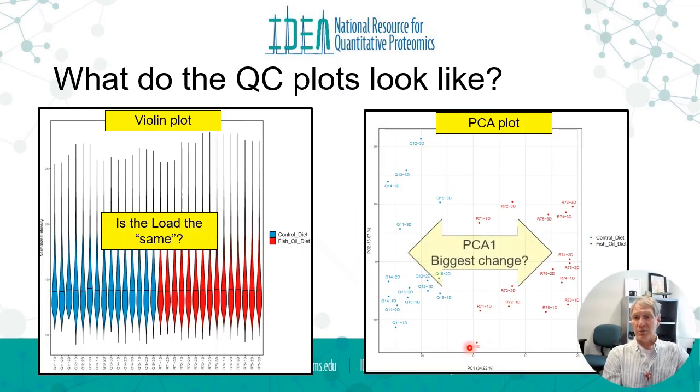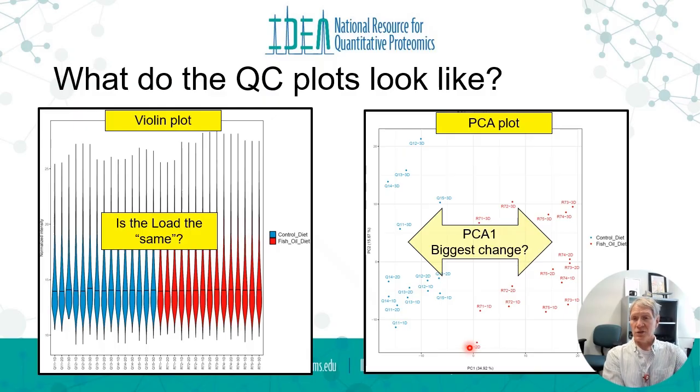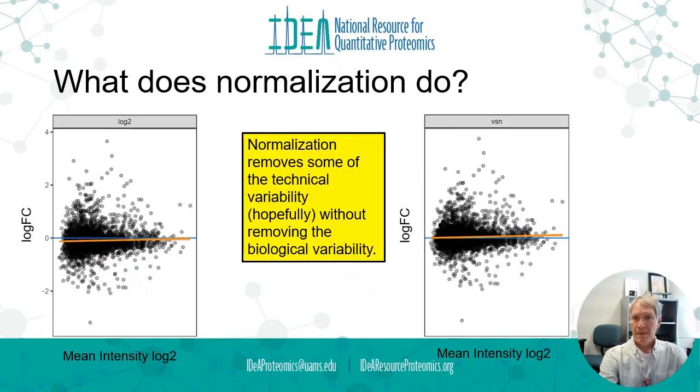That's fantastic because the biggest change that we want is due to our hypothesis. And our hypothesis is there's going to be a difference in the heart proteome between the control diet and the fish oil diet, and that's what we see. The next biggest change is going to be in this vertical direction here, between the samples that are up here and the samples that are down here.